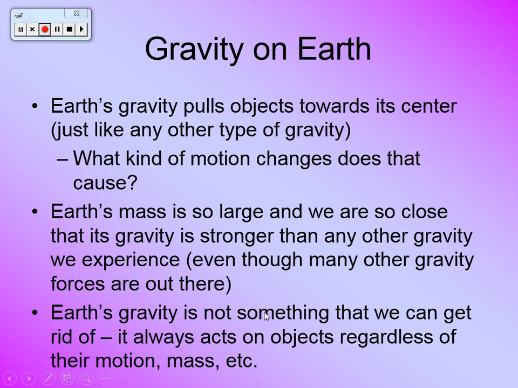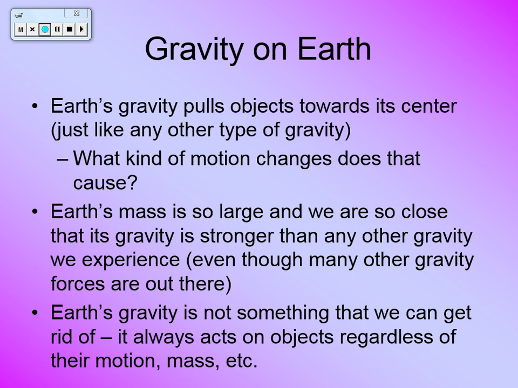Okay. So, we obviously can't get rid of Earth's gravity, right? We just talked about the idea that when we send things into space, they don't feel no gravity. They feel less gravity, but not a whole lot. And even as we go farther and farther away, technically there's still some gravity between the Earth and us, right?